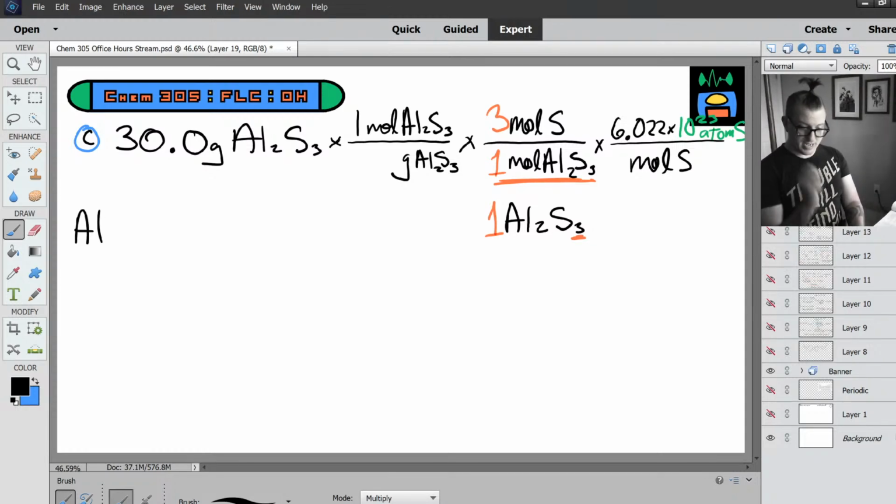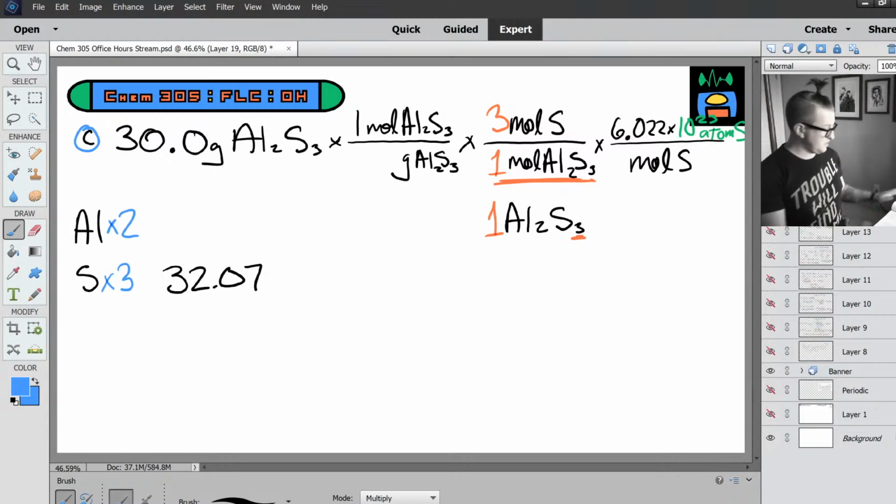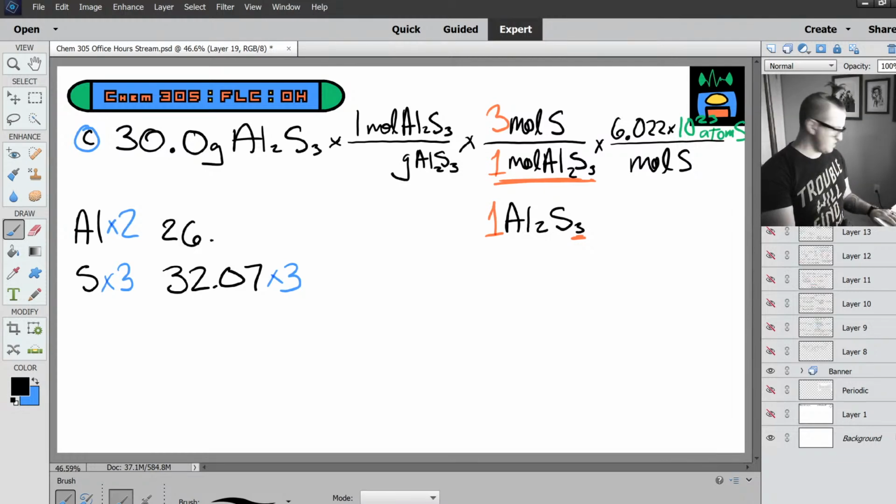Next, we got to calculate an atomic mass with aluminum and sulfur. Right, we're dealing with 2 aluminums and 3 sulfurs. Now we saw sulfur has an atomic mass of 32.07, which we got to multiply by 3, and aluminum is at 26 point something, yeah, 26.98 times 2.